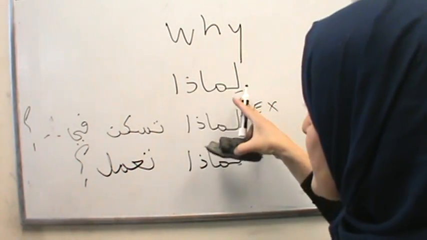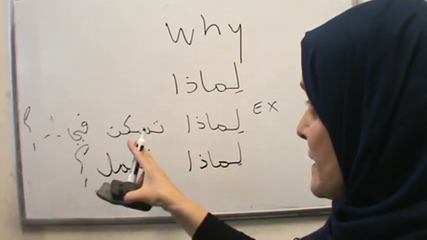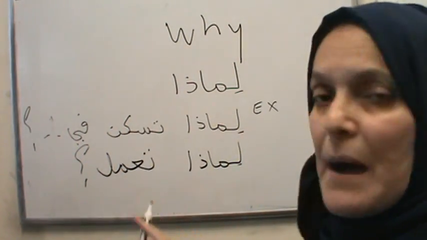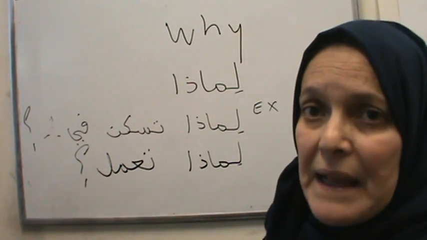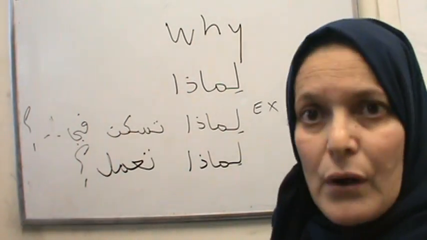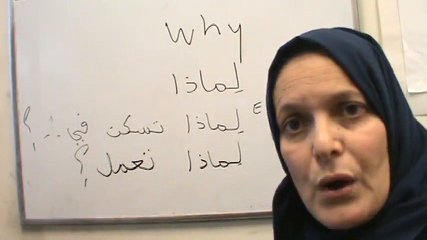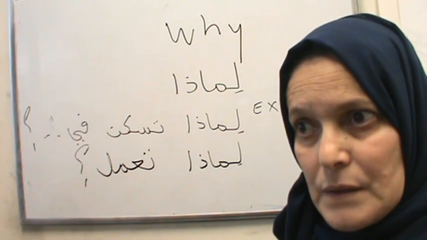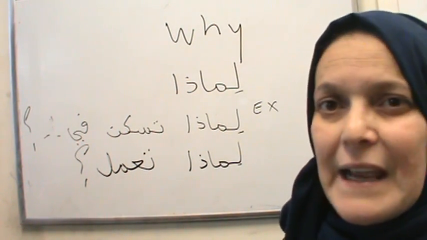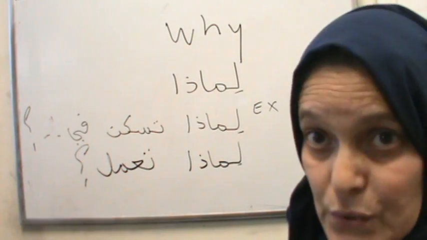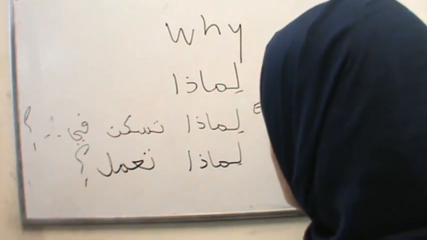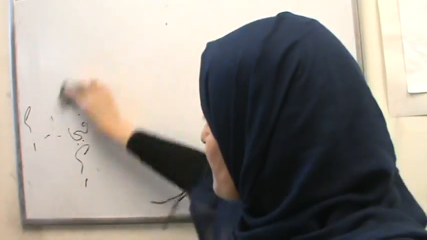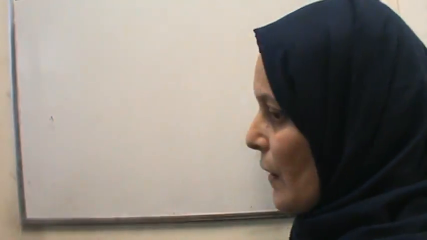So why is لماذا, لماذا تسكن, لماذا تعمل. And the question أنا أعمل in order, or we use, I'm going to show you how to answer in your like when you have لماذا, like in order for, or in order to, or because. Okay, this is for لماذا.